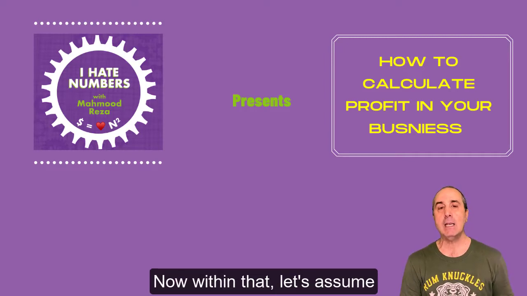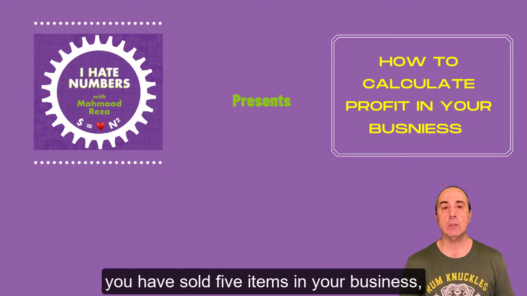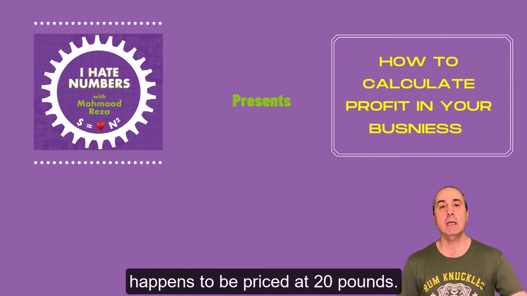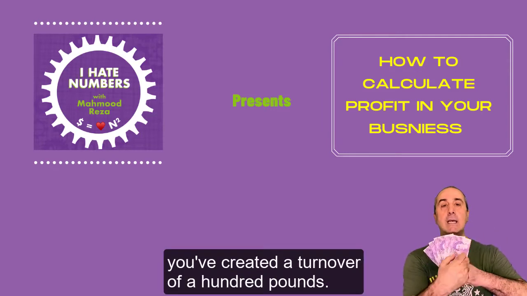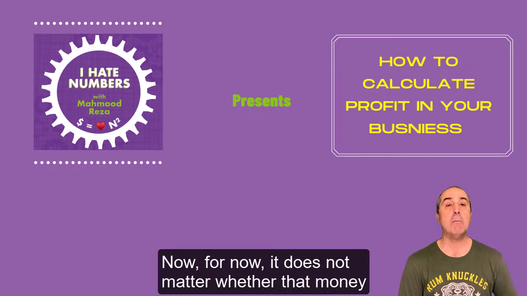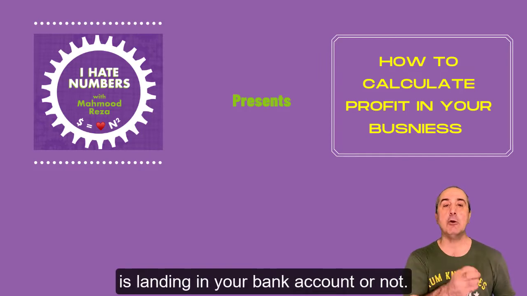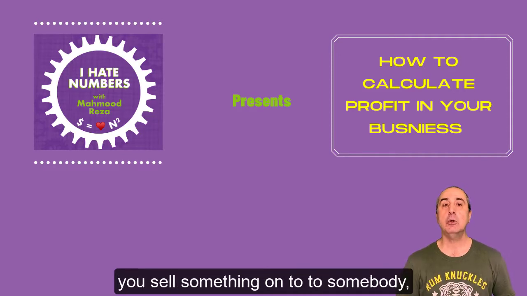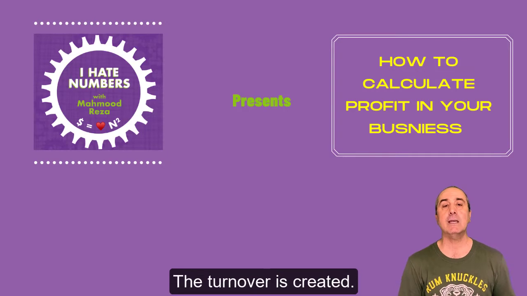Now within that, let's assume you have sold 5 items in your business and each one conveniently happens to be priced at £20. And what you've created is a turnover of £100. Now for now, it does not matter whether that money is landing in your bank account or not. Profit is measured from the moment you sell something onto somebody, and you measure the turnover created.